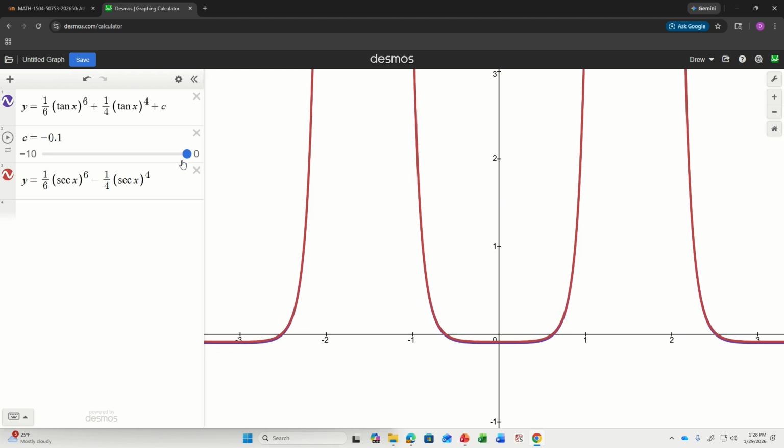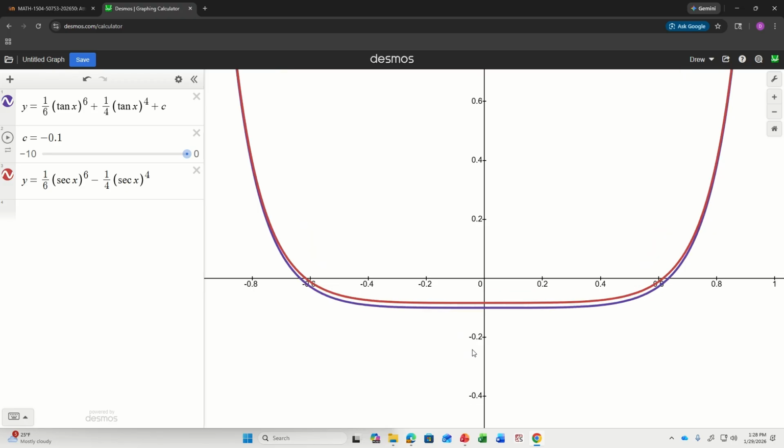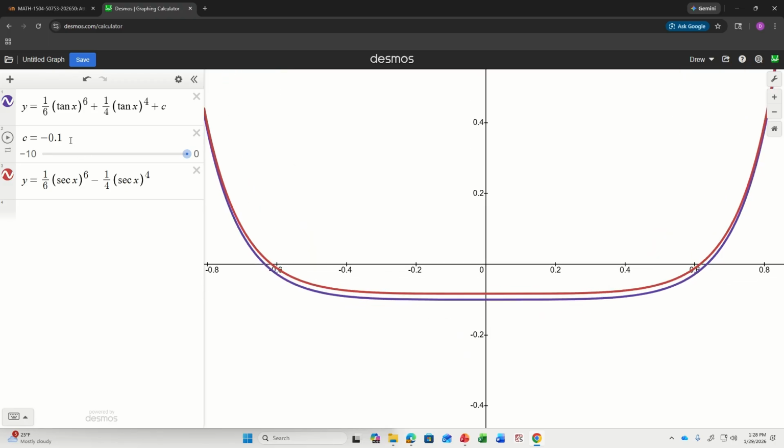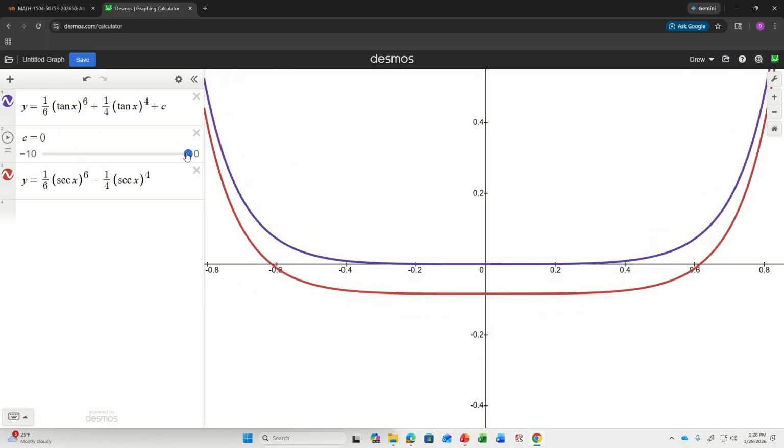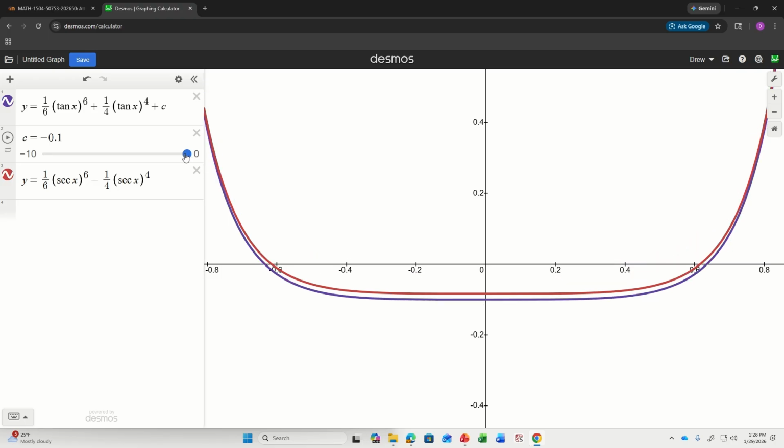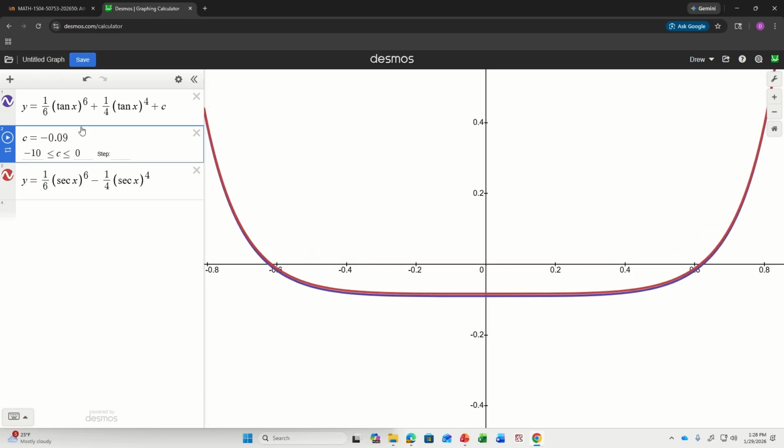With the right choice of constant, I can make these match. Looks like it's negative 0.09, 0.08. Something like that.